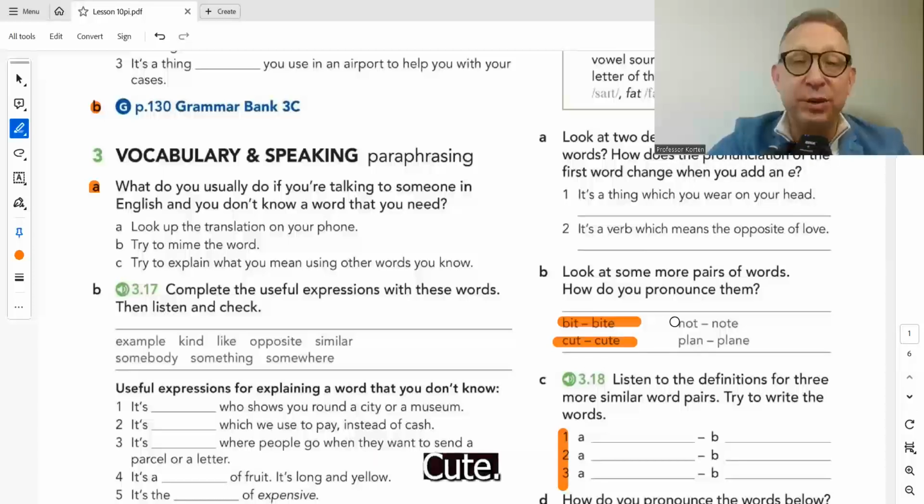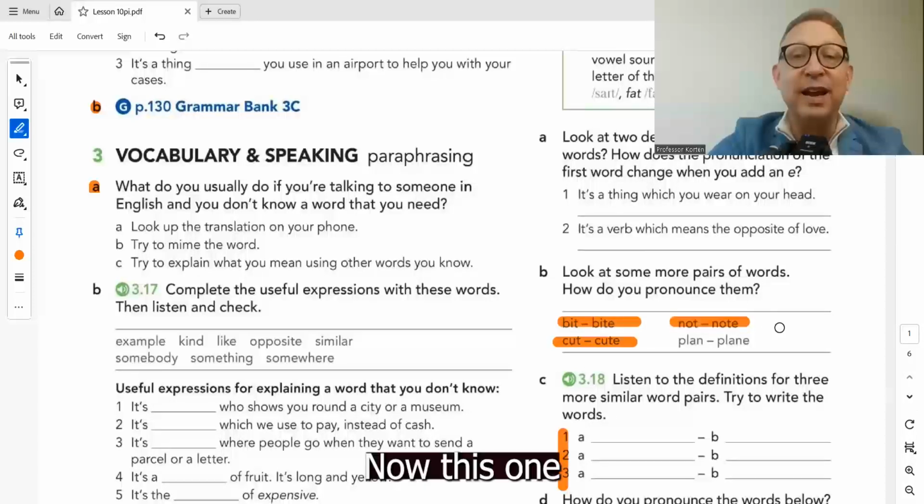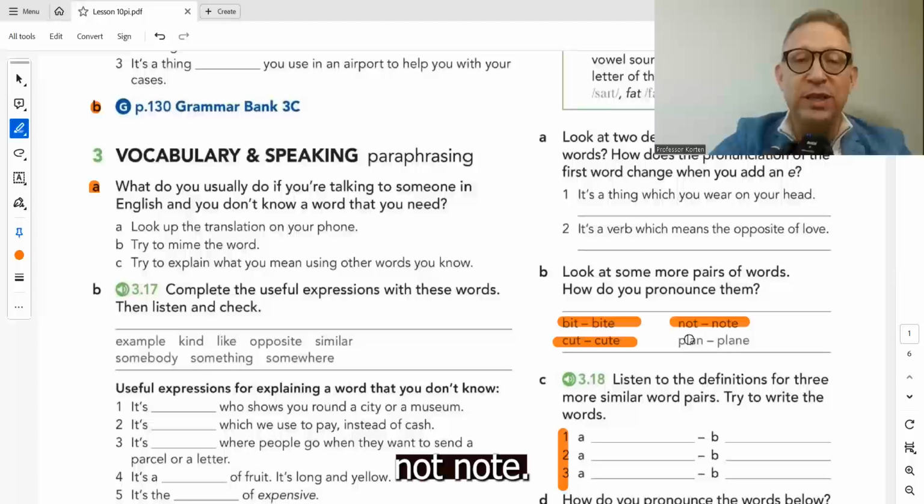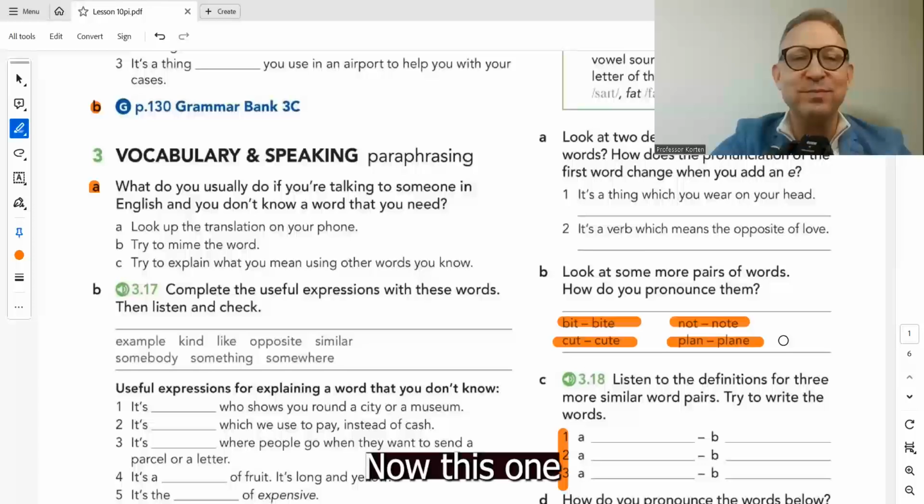Cut, cute. Now this one. Not, note. Now this one. Plan, plane.